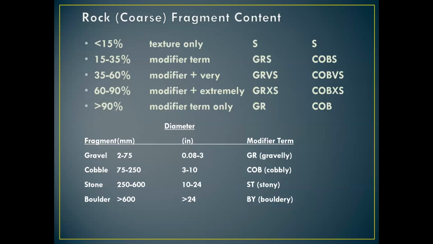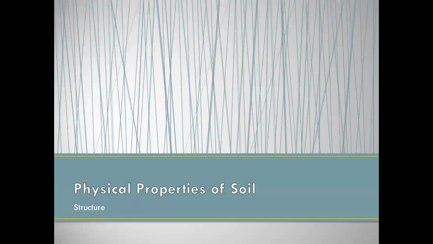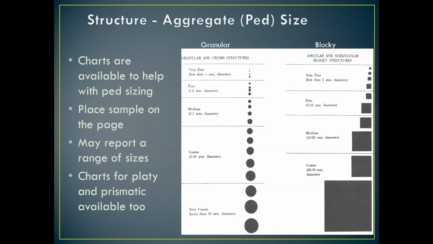It's only the sandier textured soils, and the reason for that is you remember back at our particle sizes that when we get into gravelly sands, there's not a whole lot of surface area, not a whole lot of treatment. Even if we are in extremely gravelly clay, because we have all those particle surfaces for the clay, it's not an issue for us. Okay, thank you.